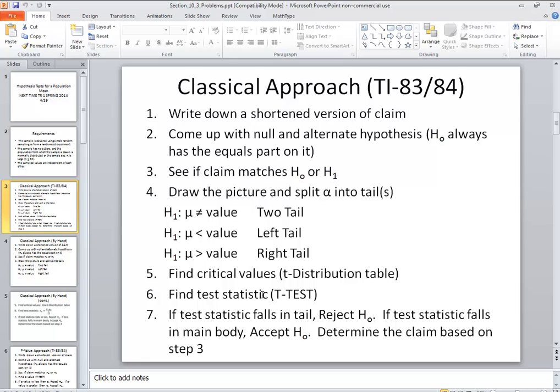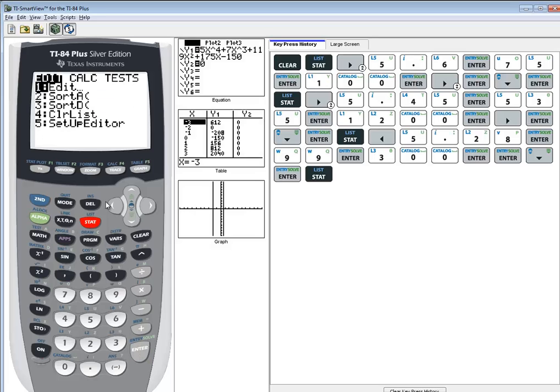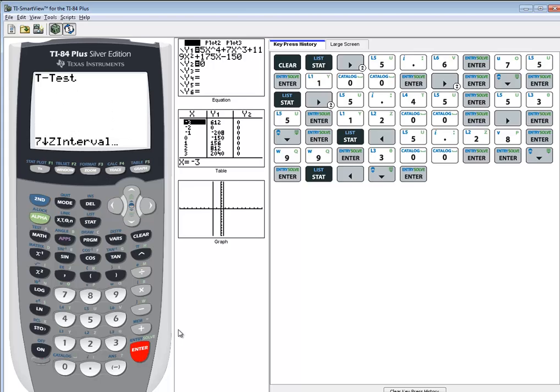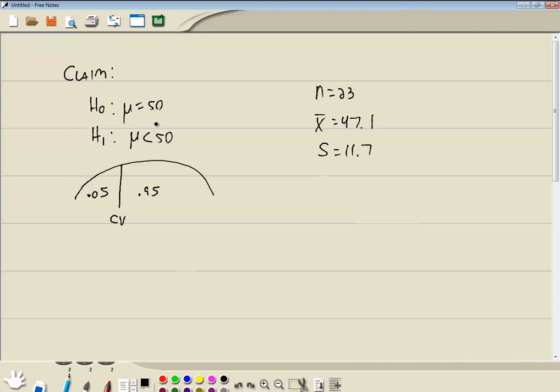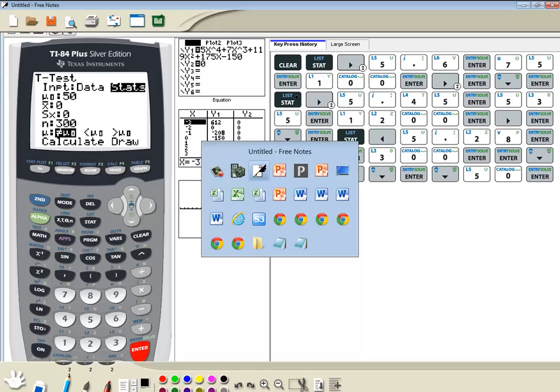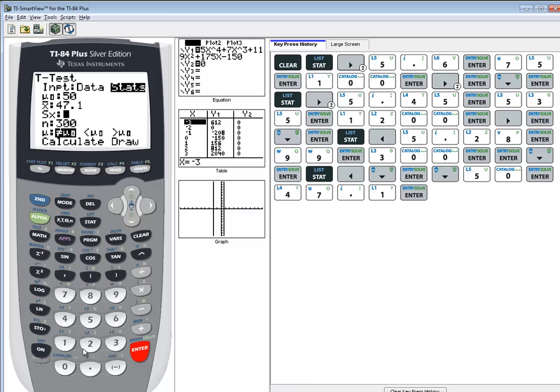Test statistic, t-test. So let's go do the t-test. So we go stat, go to tests, t-test. Data is when you're given raw data. Stats is when they give you summary statistics. We want summary statistics. Mu naught will be the number off of your claim, which was 50. X bar we said was 47.1. S is 11.7.